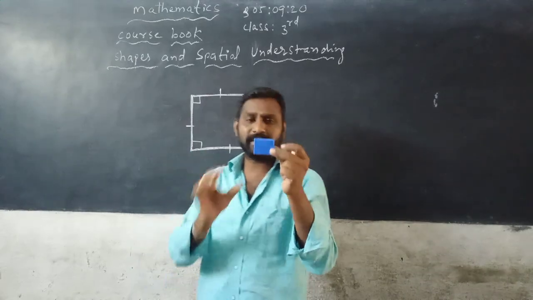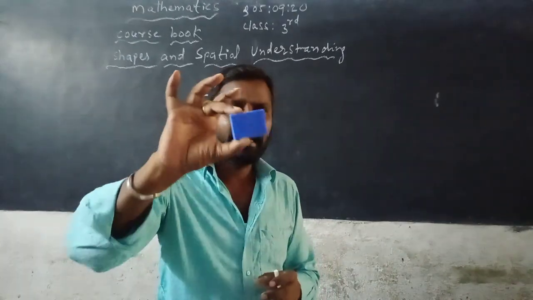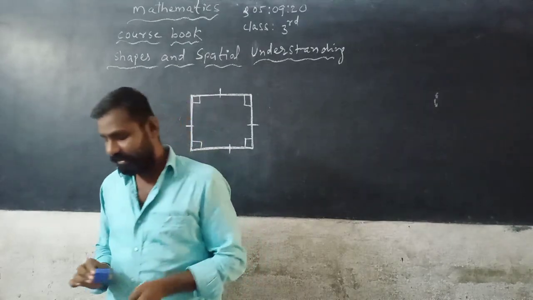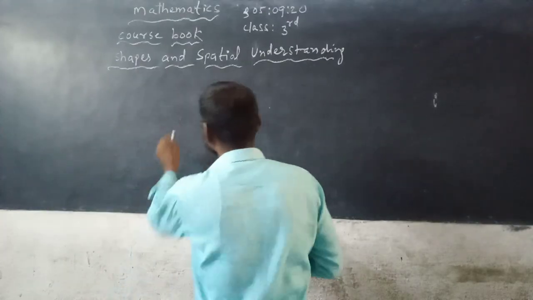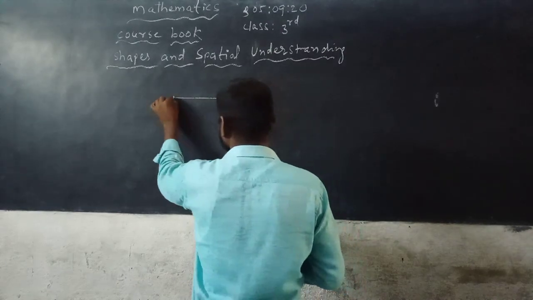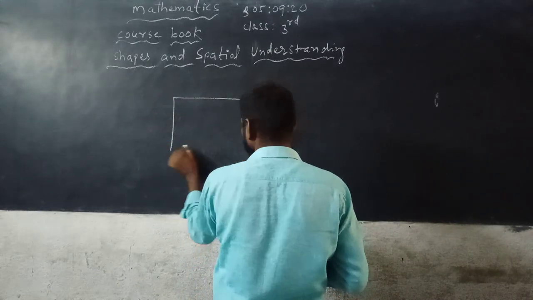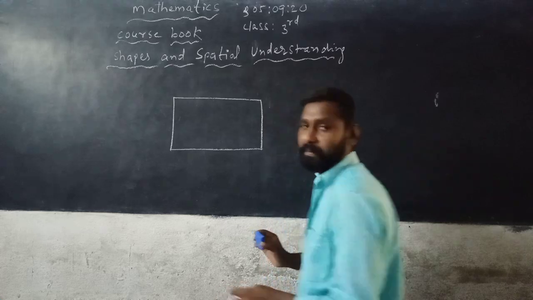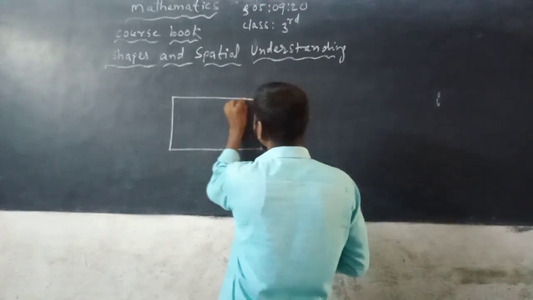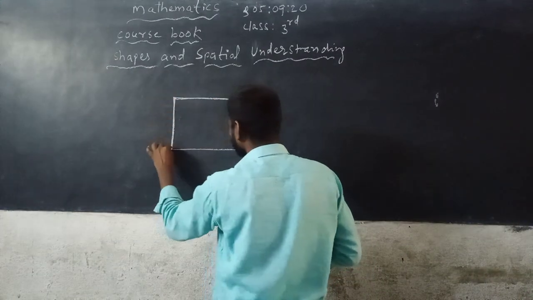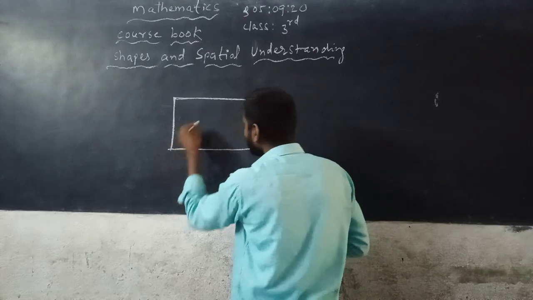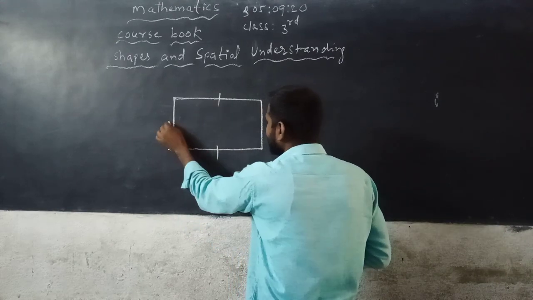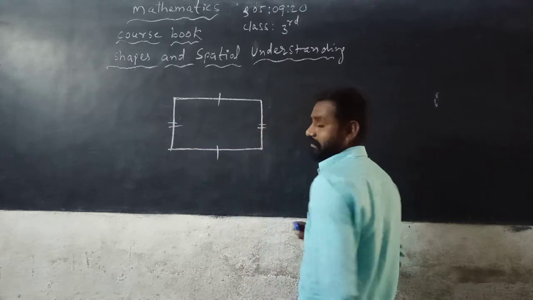Now, what is this? Rectangle. Did you observe? It has 4 sides, but one difference is there. In this closed figure, opposite sides are equal in length.